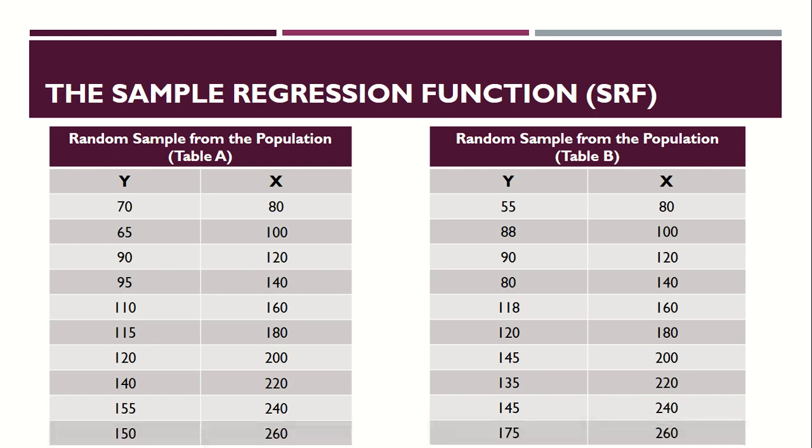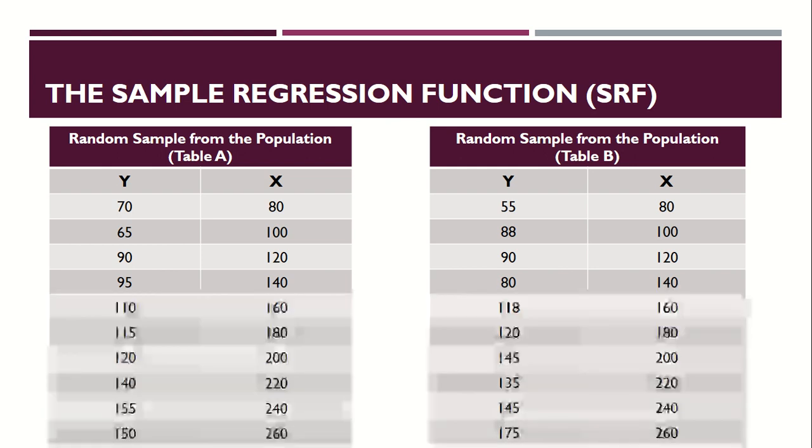Because it's difficult to observe the population data and to run a regression on it, we can take sample data from the population data, draw a regression line, and assume that this regression line is representing the population.